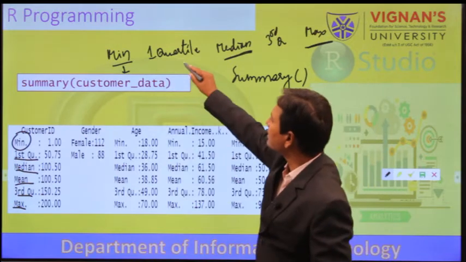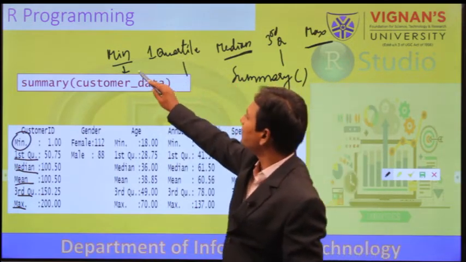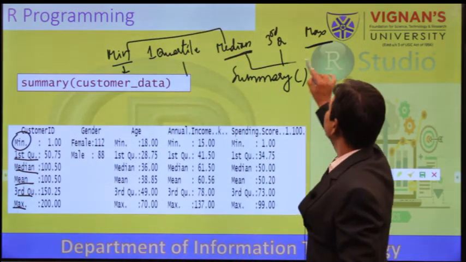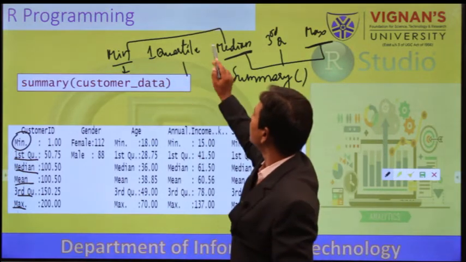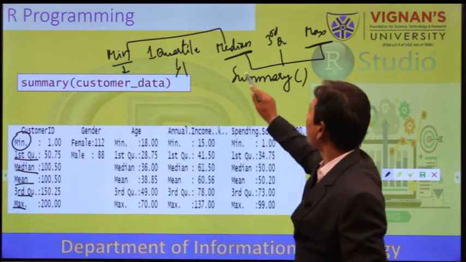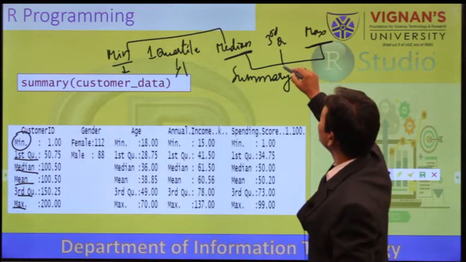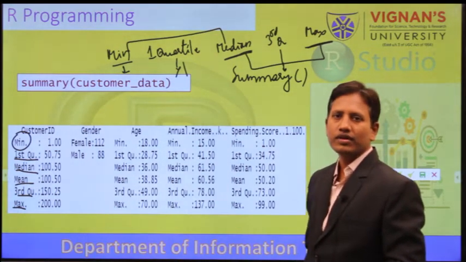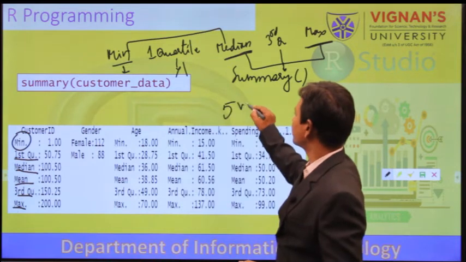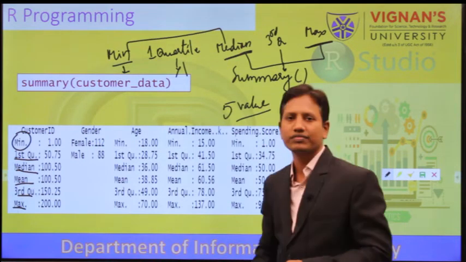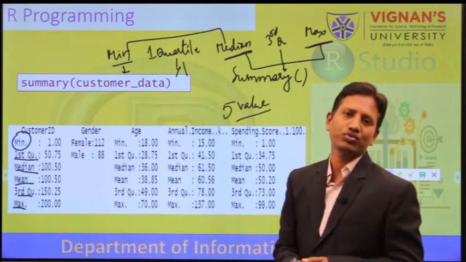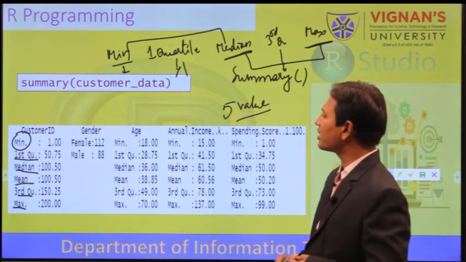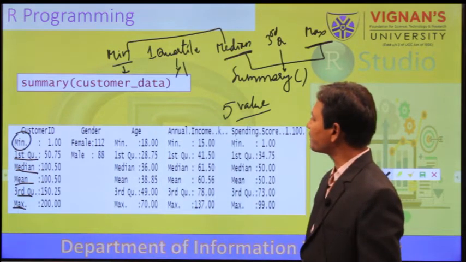The first quartile and third quartile give us the mid value between the min and median, and between the median and max. The center value between min and median is the first quartile, and the center value between median and max is the third quartile. We are going to get 5 values; this is the five-number summary. So this is how it is going to give. We'll see what it is going to give.